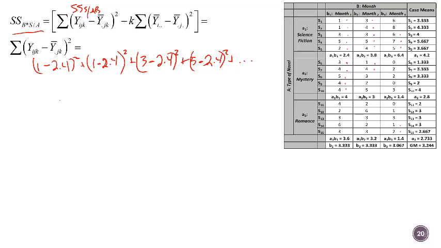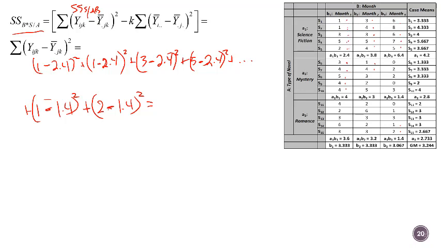Let's do the last couple: 1 minus 1.4 squared plus 2 minus 1.4 squared. And the nice thing is there's no need to multiply anything, because each one of these is an individual score.